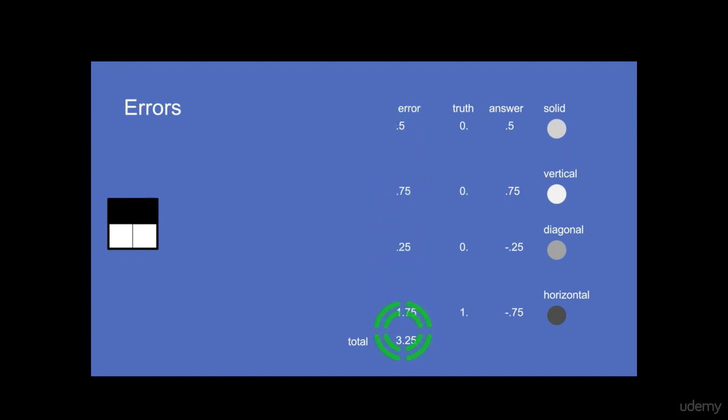Here it is 3.25. Now that is somewhat of a high error rate.